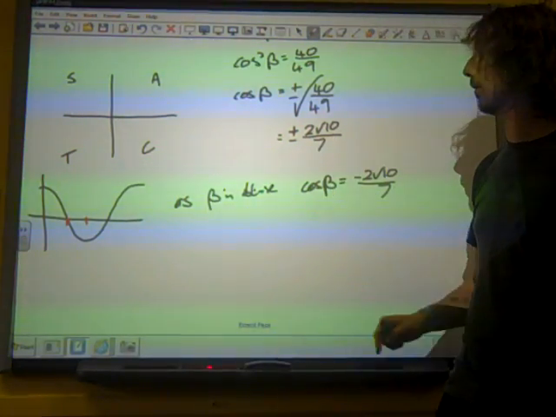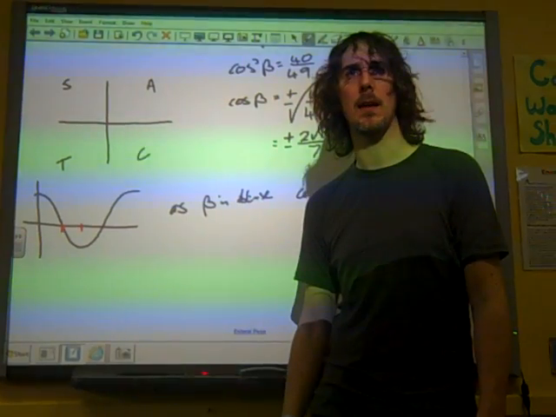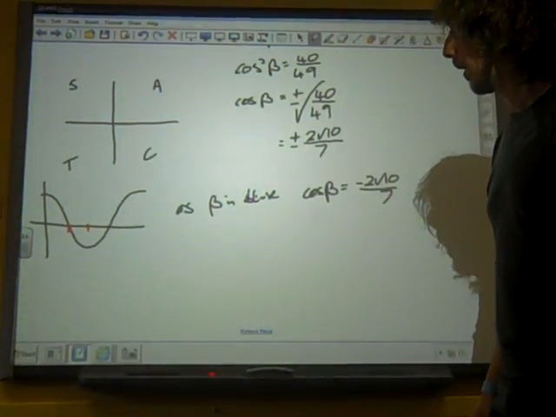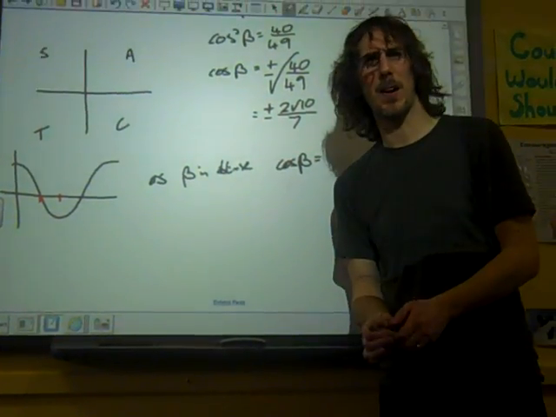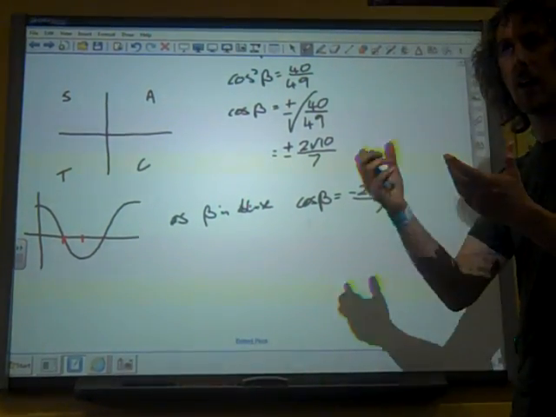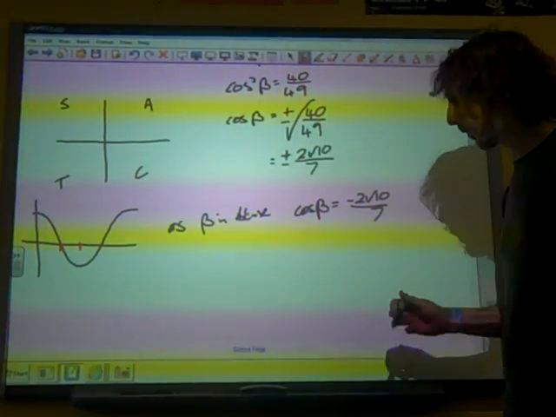So this plus or minus 2 root 10 over 7, it must be one of the angles from that bit there. Okay, and there we go. People found that question difficult, I think, in the exam, just because it's throwing a question at you in a different way. It's looking quite different.